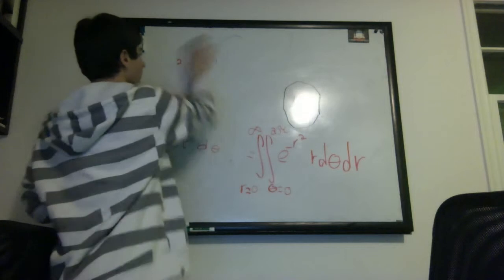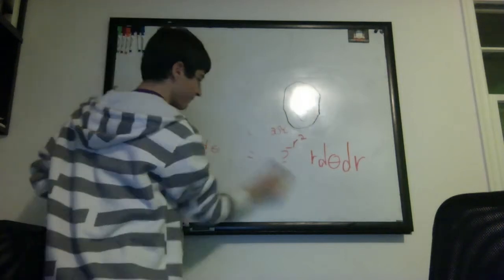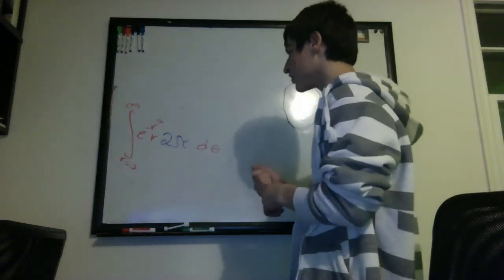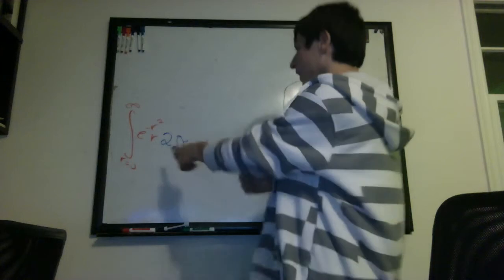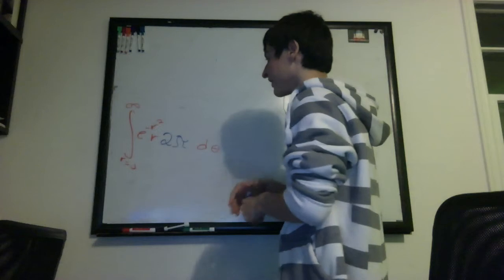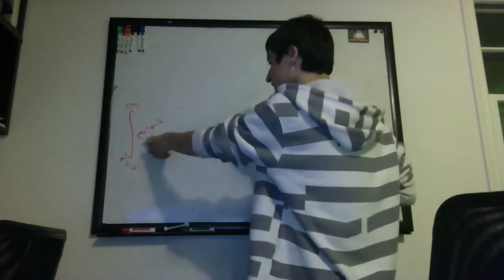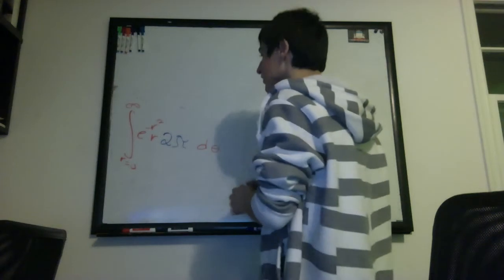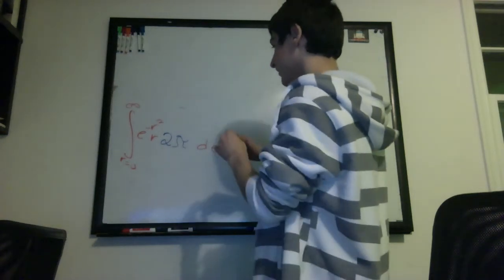Now, what else do we have? Well, if we take a look, this integral shouldn't be too bad, because e to any power is not hard to take an integral of, but we're going to have this r, so let's just do a quick, easy u substitution. I'm going to write the integral so it looks simpler to take.